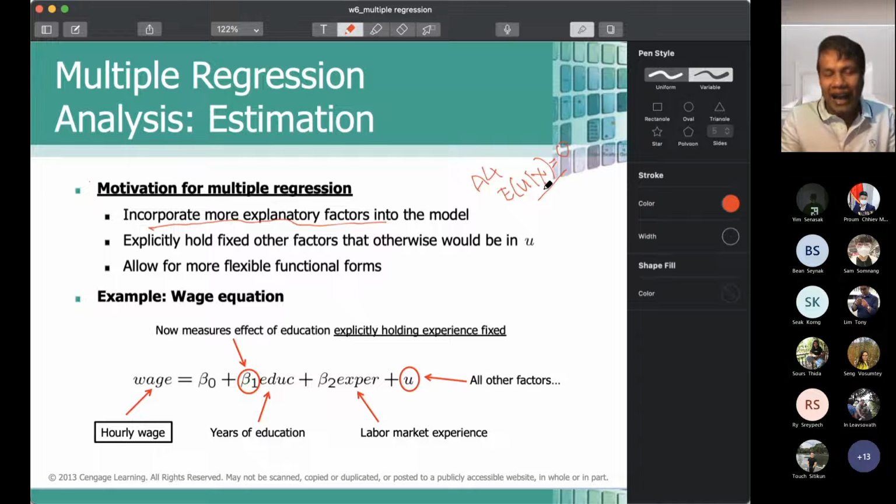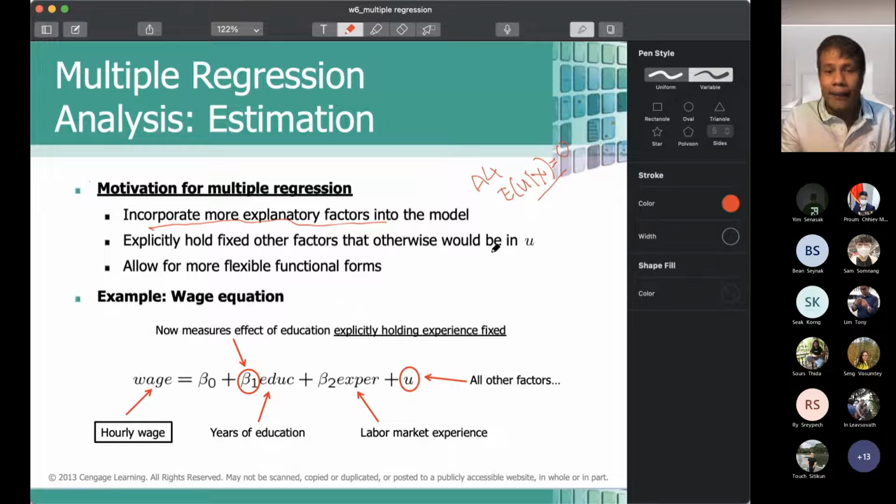there are also other motivations when we use multiple linear regression. We can also explicitly hold fixed other factors that otherwise would be in u, meaning that when you include other independent variables into the model, then you can interpret it as holding this factor constant. We will come to the example in a minute.